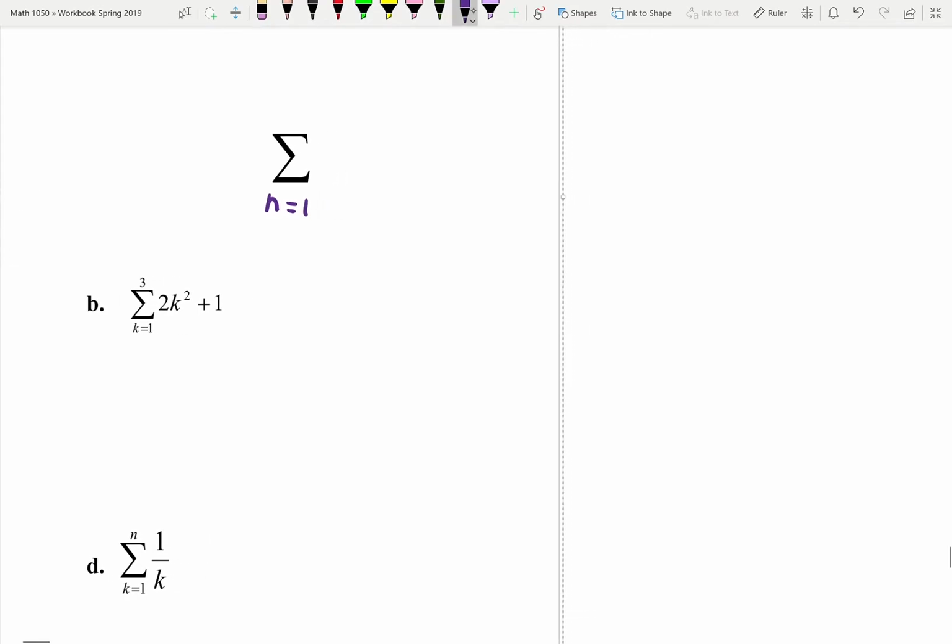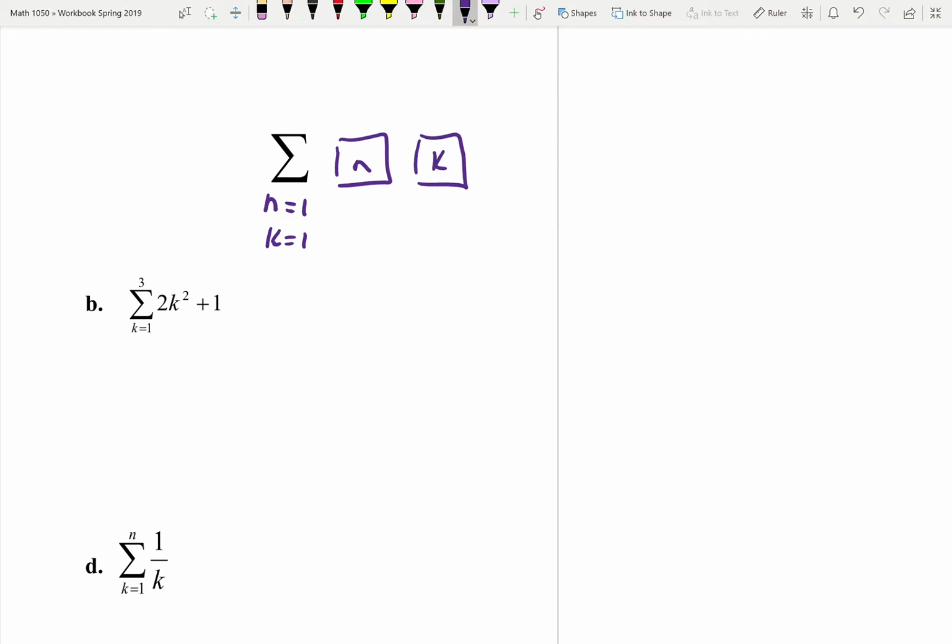Put n equals 1 and then put k equals 1. You're not going to have both of them. If it says n, then your formula over here is going to have an n in it. If it says k equals 1, then your formula over there is going to have a k in it. It doesn't matter if you have n or k. But if you put an n here and a k here, then that's a problem. They've got to match. Okay?